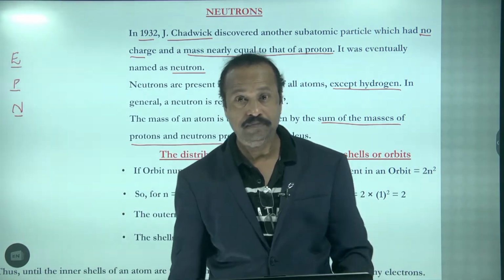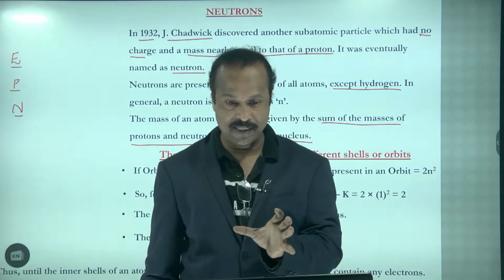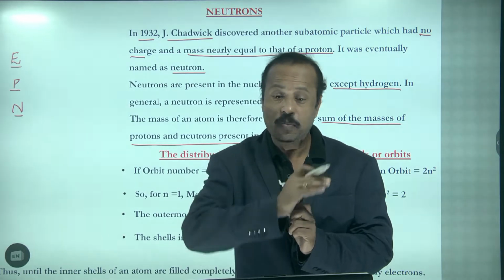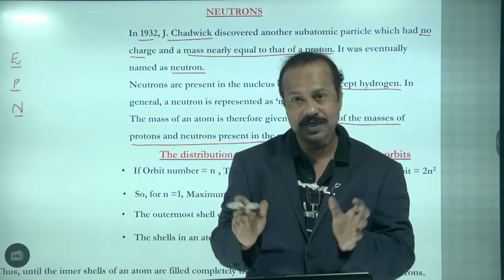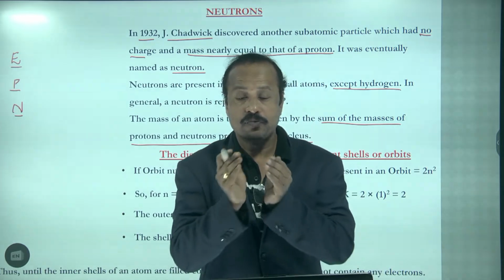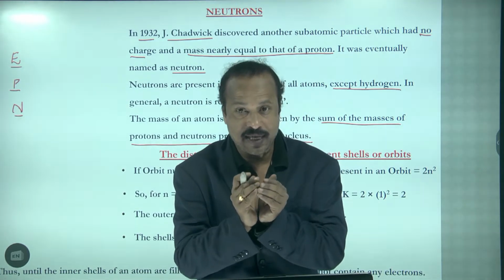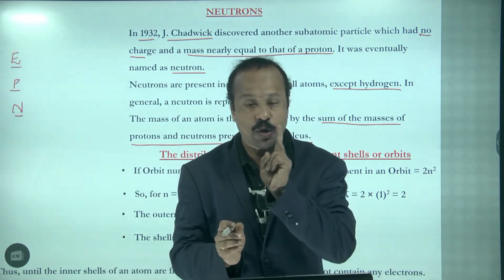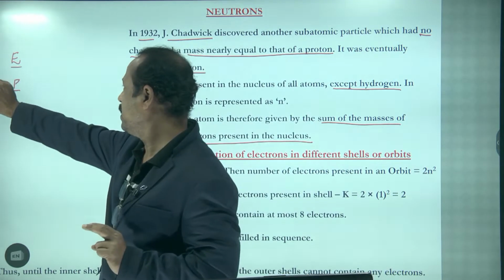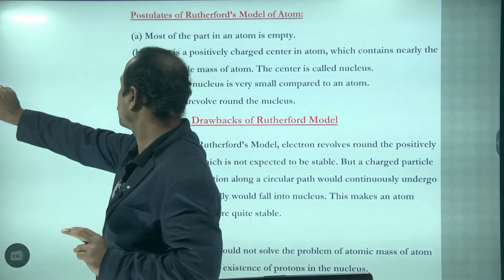Now, in these orbits, how will the electrons be distributed? Can all orbits accommodate the same number of electrons? No. Take the first shell, the K shell, for example. It accommodates only 2 electrons. The L shell can accommodate 8 electrons.